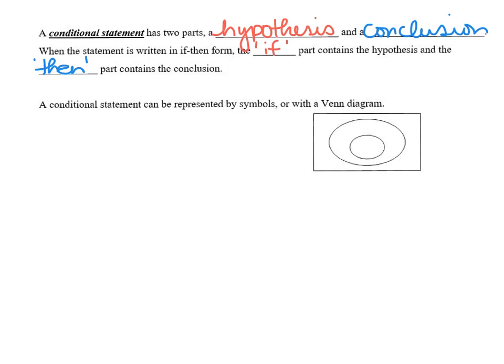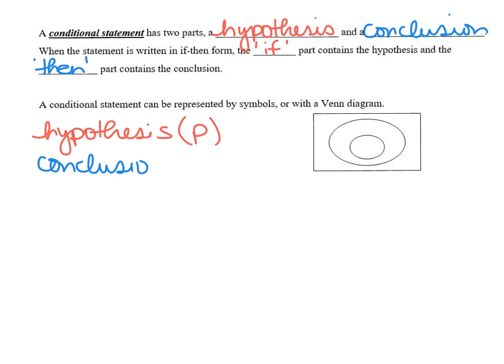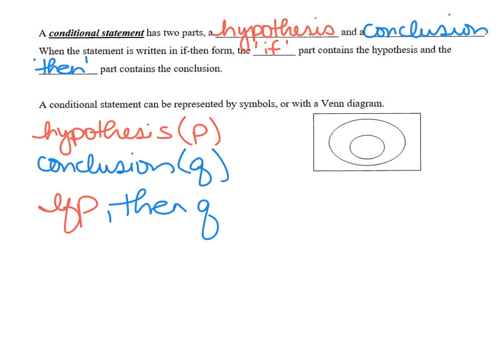And we can also represent conditional statements symbolically, and when we do that, the hypothesis is often represented by the letter P, and the conclusion is often represented by the letter Q. So in general, when we're talking about conditional statements, we may say if P, then Q. And so the hypothesis is with the if, and the conclusion is with the then.